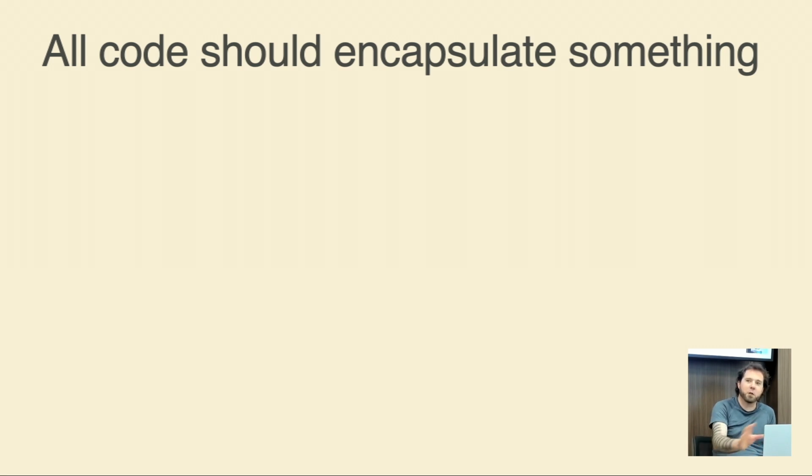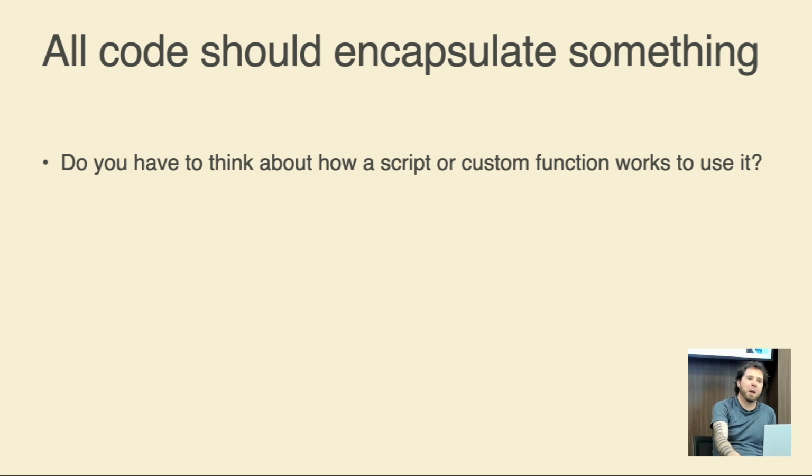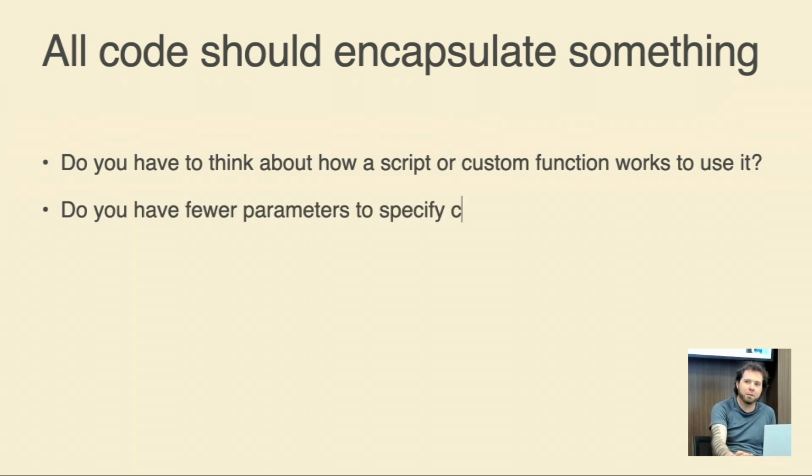So next time you're writing a script or custom function, think about, do you have to think about how your script works in order to use it? Do you have fewer parameters to specify than if you recreated the same functionality yourself? Is it less work to use your modular script than to copy and paste and edit an equivalent block of code?